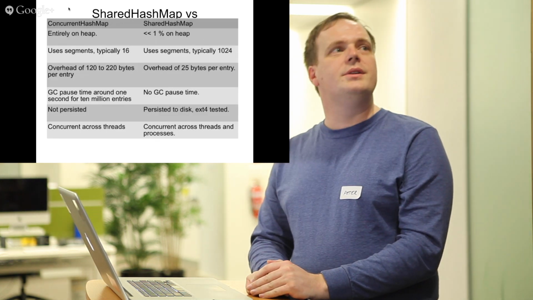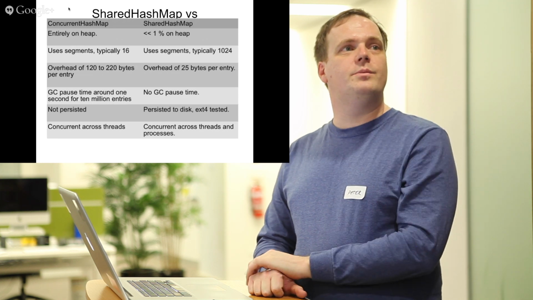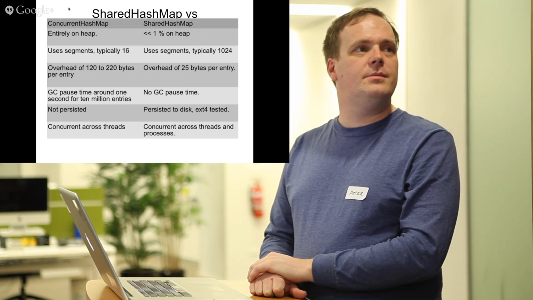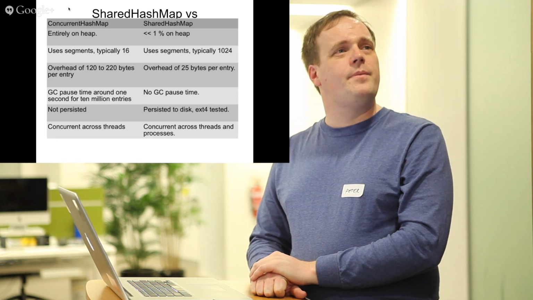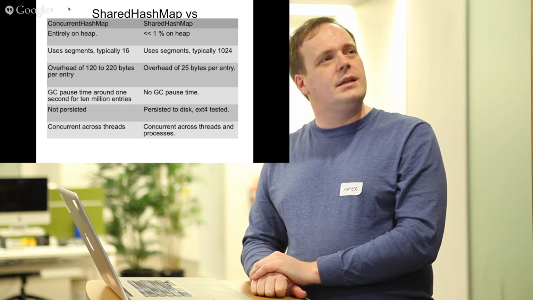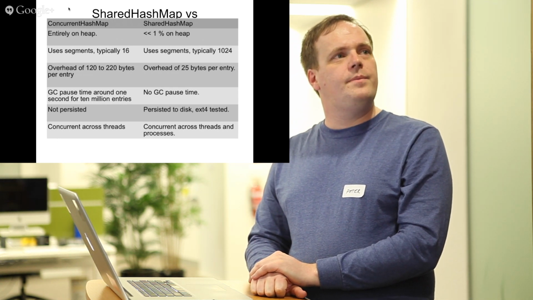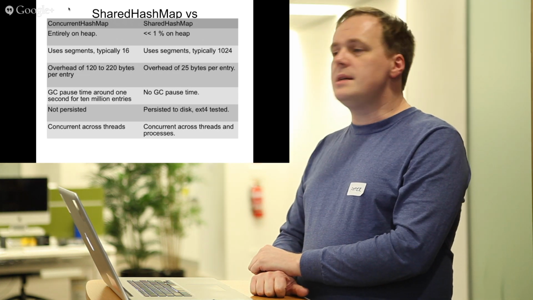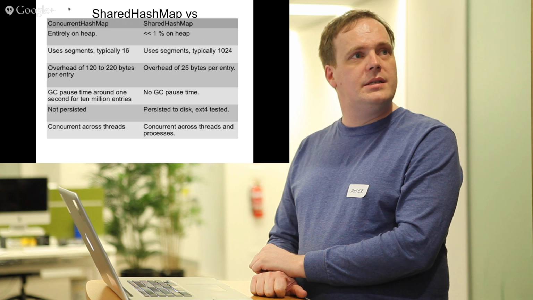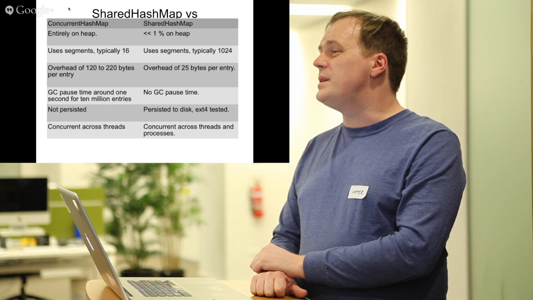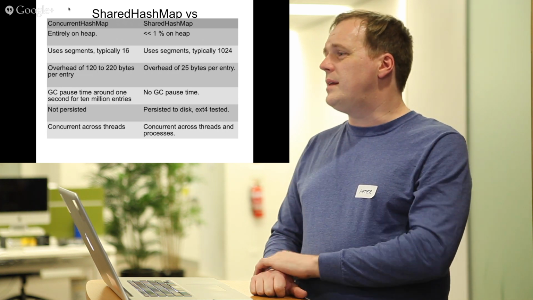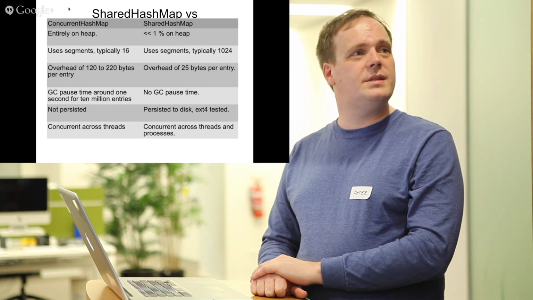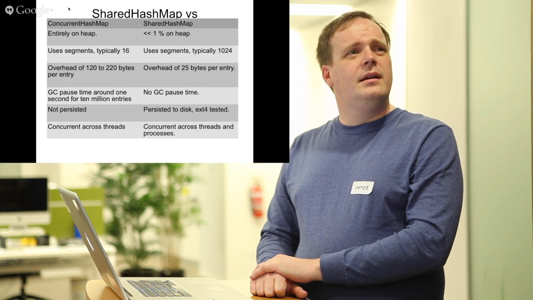So here's the comparison between concurrent hashmap and shared hashmap. And it actually has quite a few similarities in terms of the design. Some of the main differences include things such as the concurrent hashmap is of course entirely on the heap, whereas shared hashmap, it's well under 1%, and obviously the bigger the hashmap, the less it is, so it can be well under 0.1%.